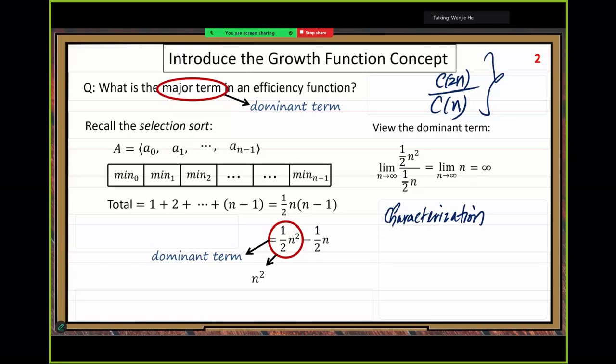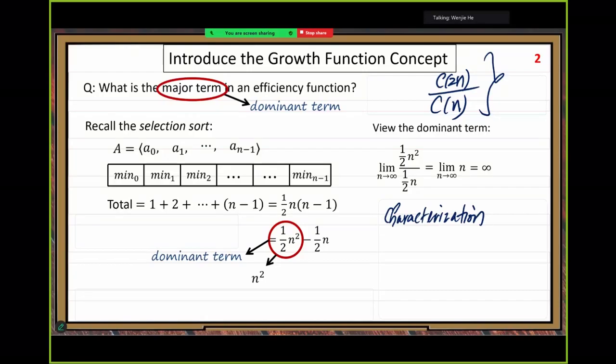With this characterization understanding, we drop the leading coefficient. We keep the most basic part, n squared. Very simple, but this function can give us the same increasing rate as the original term.